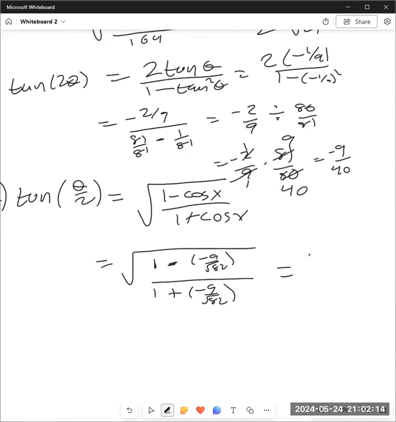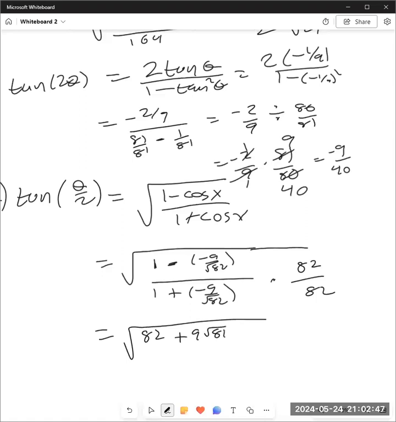So that's going to be multiplied by root 82 over root 82. Let's just make this 82 over 82. So we get root of 82 plus 9 root 82 over 82 minus 9 root 82. And that's how they want you to leave that answer.